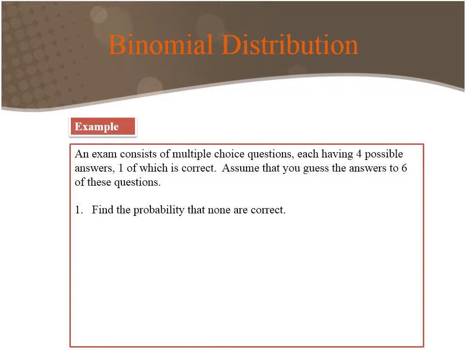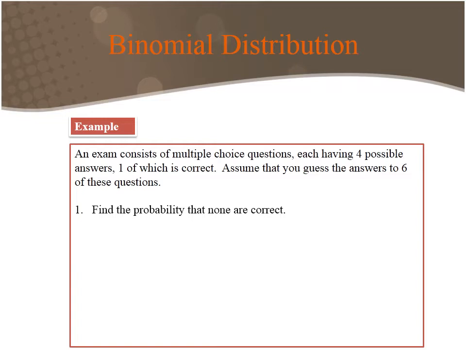So if you imagine answering 6 of these questions, each answer is independent of any previous answers. So the probability that none are correct is the same thing as finding the probability that the first one is not correct, times the probability that the second one is not correct, times the probability that the third, the fourth, the fifth, and the sixth are not correct.